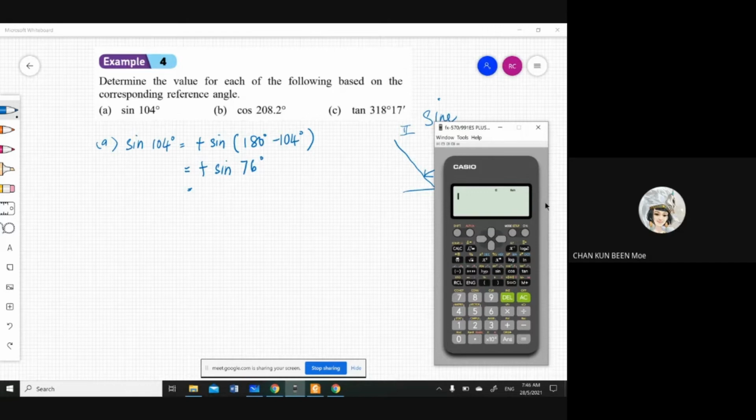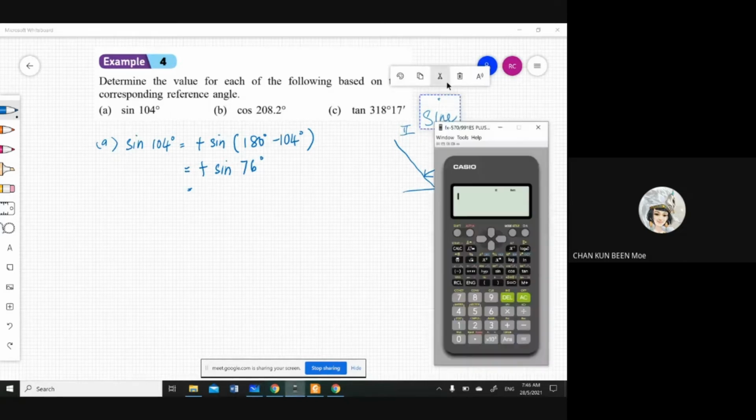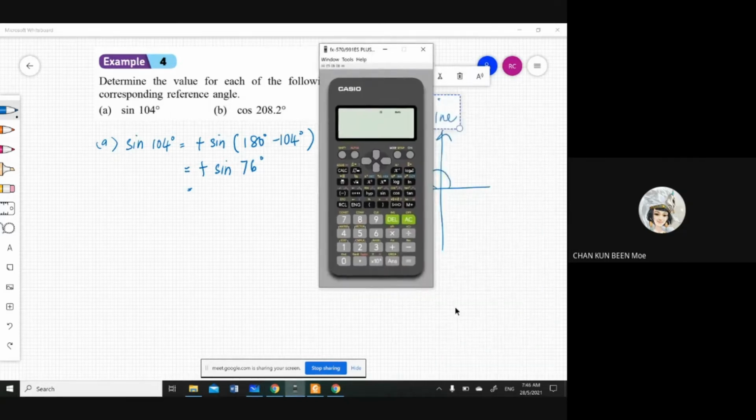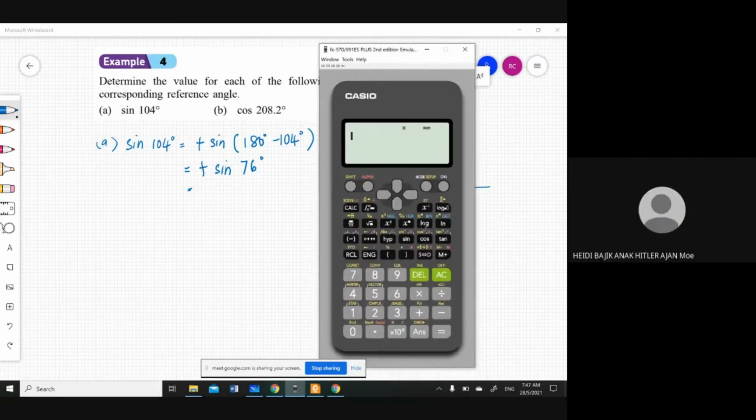Let me show it to you. Do you all have a calculator with you? Yes, right? So you can just try on yourself. Sine 76, you get 0.9703.